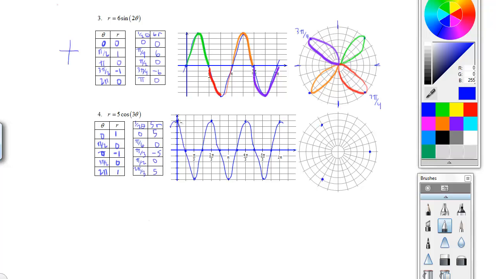So this first part here starts out at 5 and comes back to 0. This part right here is this right here. And then this here is the one that was at pi over 3 but went negative. And then back to 0. And then this part here starts from 0 and goes to the 2 pi over 3 petal.